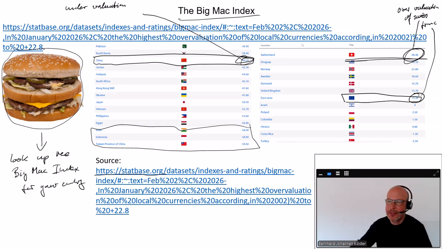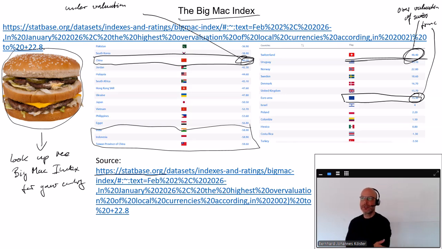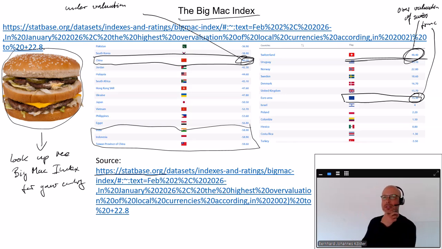Who is still the largest car manufacturing company in the world? Just guess. Ford is quite large, but I think Ford is around number three or number four.